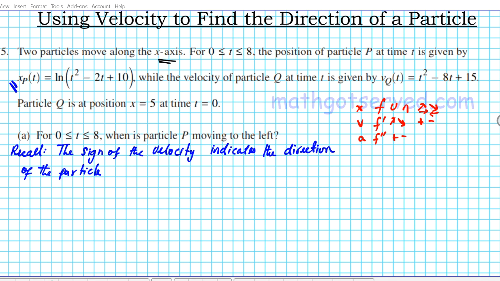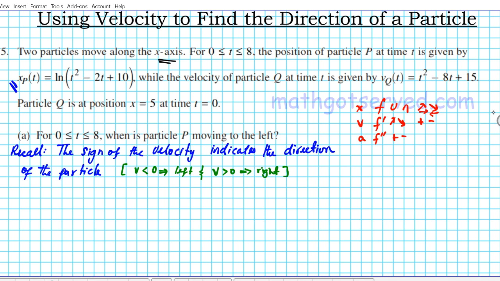So if your velocity is less than 0, you're moving to the left, and if the velocity is greater than 0, you're moving to the right. In this particular problem, we're looking for when the particle is moving to the left, basically when the velocity is negative.